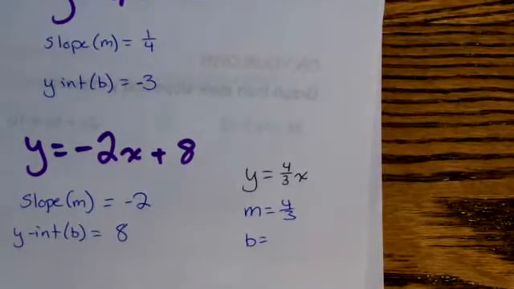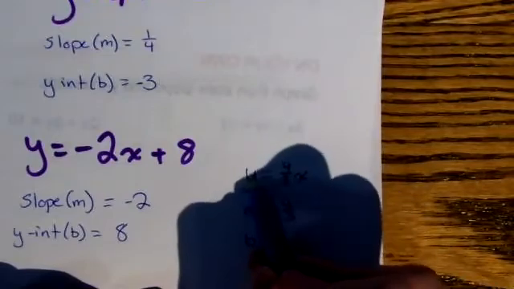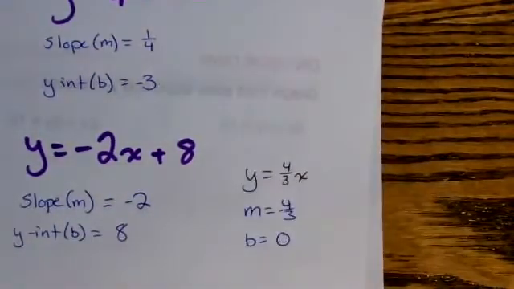Well, what is our b? What is our y-intercept? There's nothing listed. There's nothing added on. Well, what number can we add to anything and not change it? Oh yeah, 0. So here, if you see nothing added on, if we just see y equals mx, our b is 0 in this case.